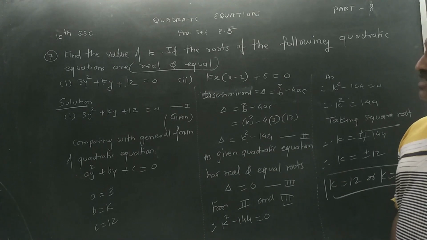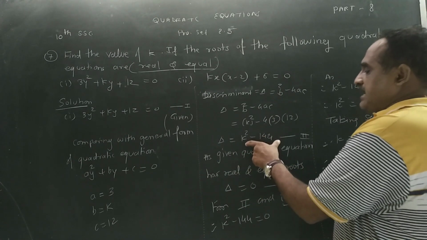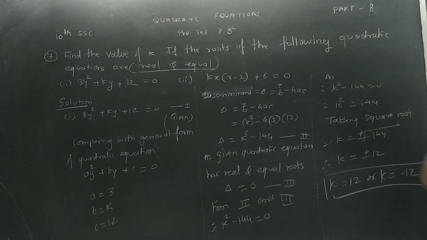But the given quadratic equation has real and equal roots, so what should the value of delta be? 0. That means k square minus 144 is equal to 0. We transpose 144 to the other side and take the square root. We got k is equal to plus or minus. While taking the square root, we take both values. This 144 may be the square of plus 12 or minus 12. So k is equal to plus or minus 12. So k is equal to 12 or k is equal to minus 12.